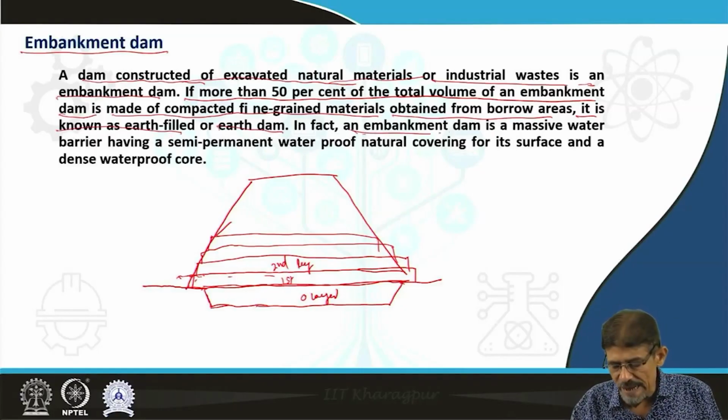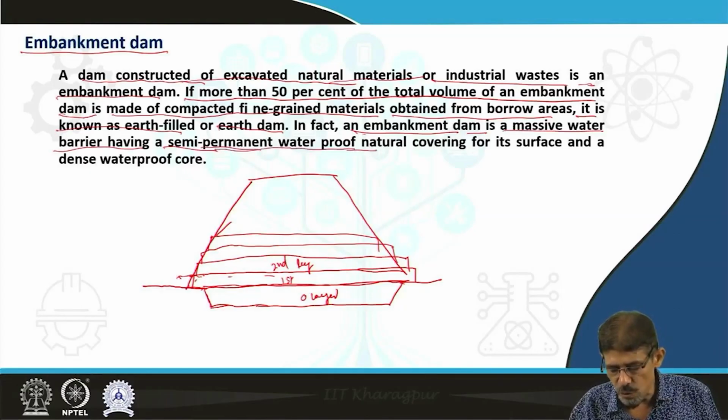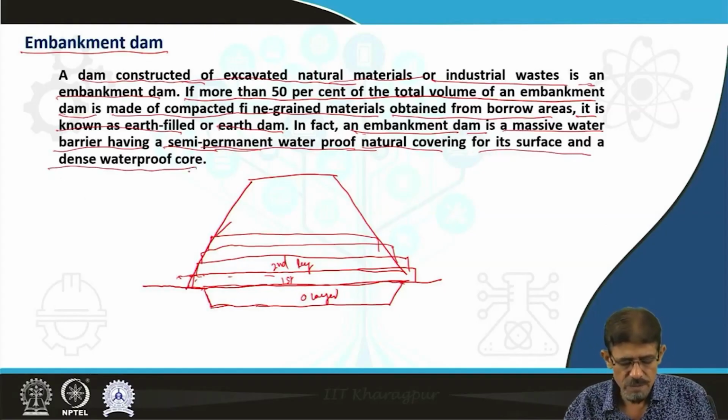In fact, an embankment dam is a massive water barrier having a semi-permanent waterproof natural covering for its surface and dense waterproof cores.